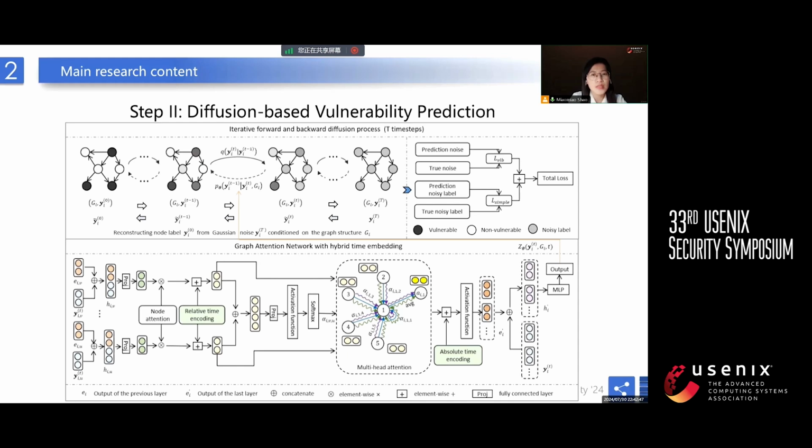In contrast, reverse diffusion entails progressively denoising from the standard Gaussian distribution conditioned on the graph structure of GIVCS. Then reconstruct the node labels. We employ GAT to learn the abstract features of GIVCS.